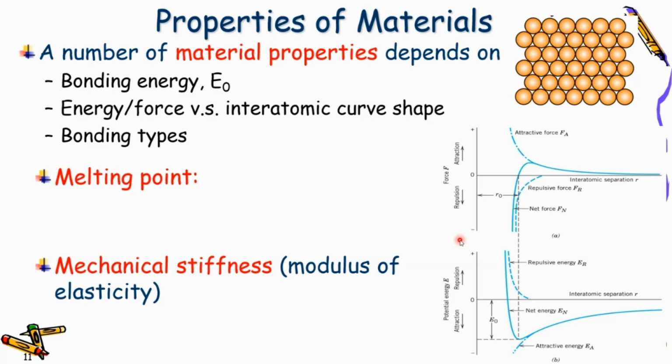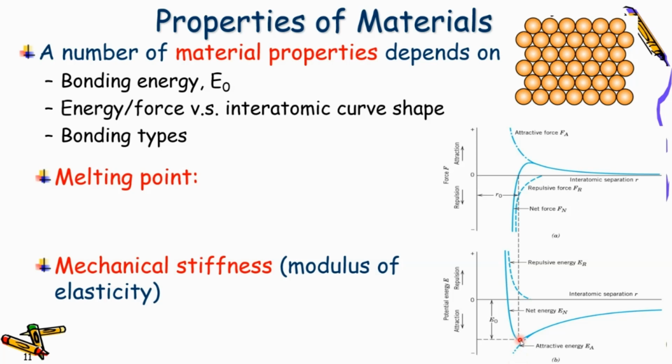So here there are two examples. The first example is melting points. For example, if there are two types of atoms, let's say atom A and atom B, for atom A the curve is like this, and for atom B the curve is like this, which has a higher bonding energy.